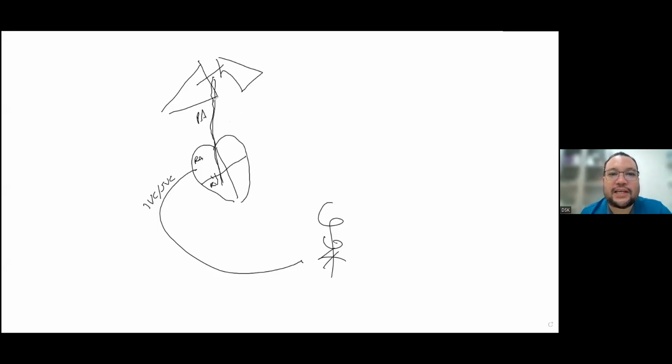From your lungs, you have 4 vessels. These 4 vessels get into your left atrium. This is your pulmonary vein, PV. From your left atrium, you have a valve there, and from your left ventricle, you have another big vessel, which is your aorta. It's one of the great arteries. So this is the normal circulation.